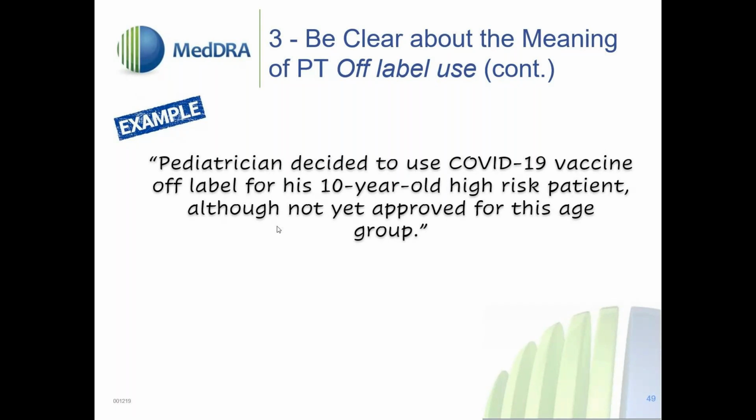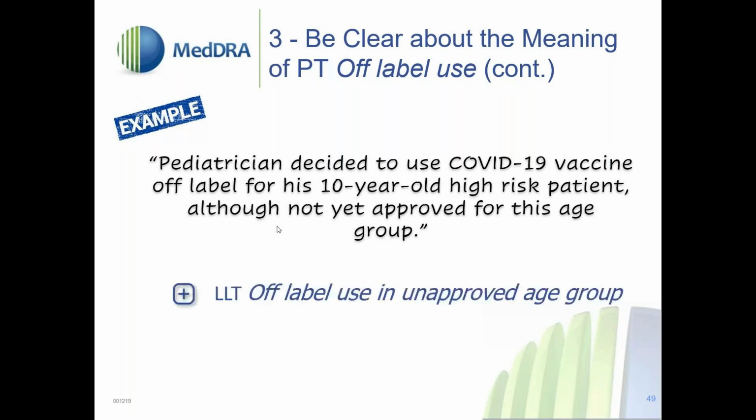And we are told that he decided to use the COVID-19 vaccine off-label, meaning that the vaccine is approved for immunization against COVID-19 infection in the respective country, but not for this age group. So the most specific LLT for this scenario is LLT off-label use in unapproved age group under PT off-label use.